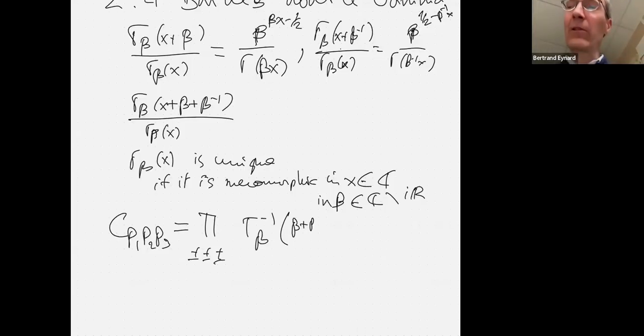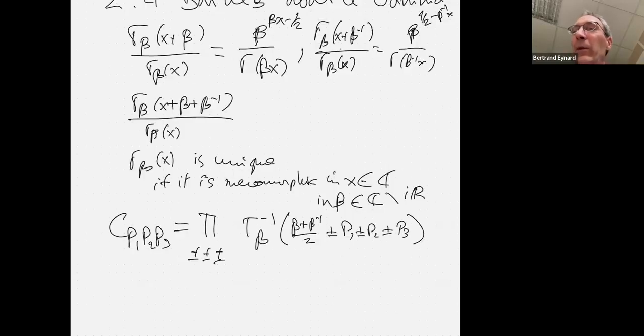And this is really a good solution for a 3-point function because it is permutation symmetric. I mean, you can permute P1, P2, and P3 without changing it. And you can check, based on the equations we have so far, that it solves the shift equations, not only in beta, but in beta inverse. Well, in fact, it's quite clear because it's invariant under beta goes to beta inverse. So if it solves one equation, it will solve the other as well.